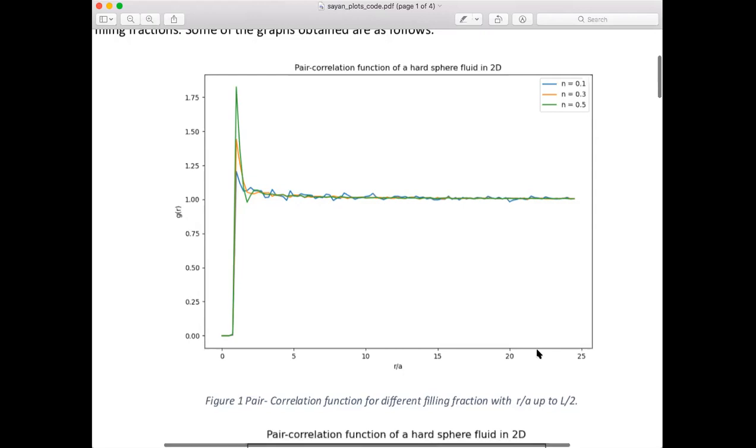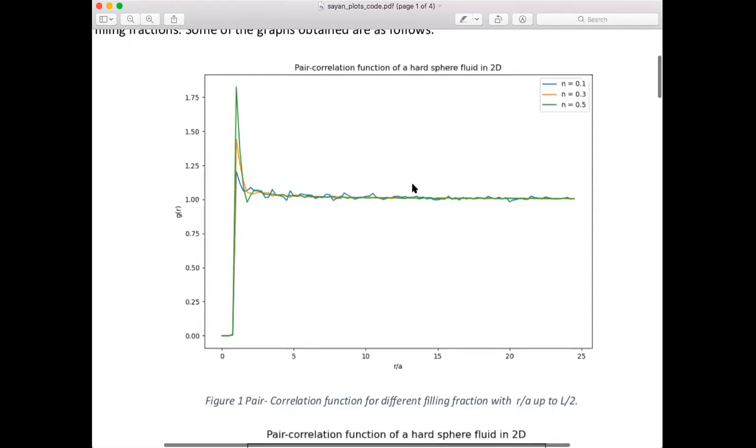Go ahead, we'll see. I'm saying even in Shan's plot, there is some structure near r equals 0, but that structure smoothens out. If you see the plot for n equals 0.5, for larger distances the structure is smooth. This plot is very smooth compared to n equals 0.1 and n equals 0.3.